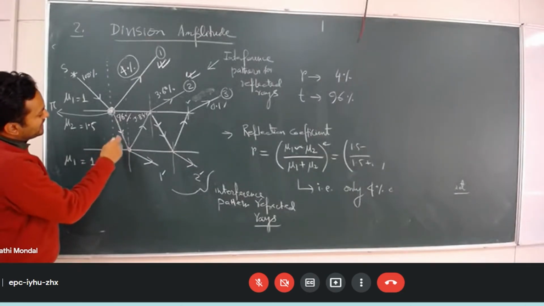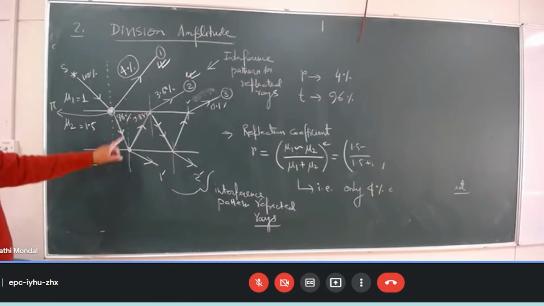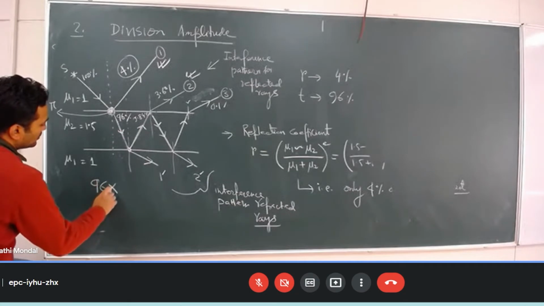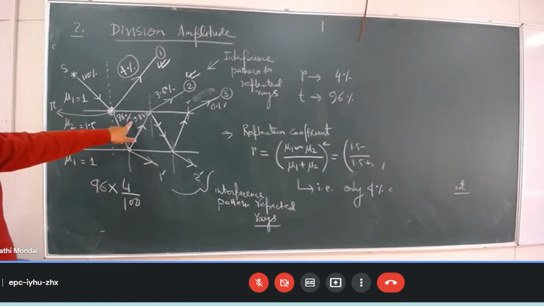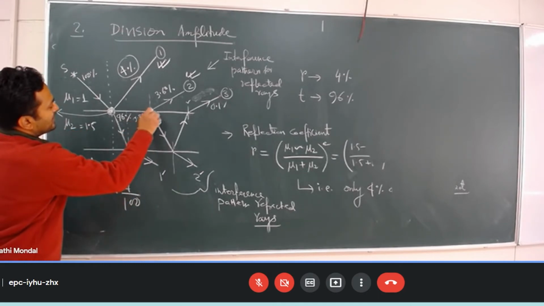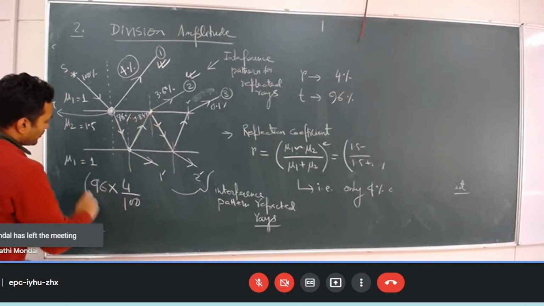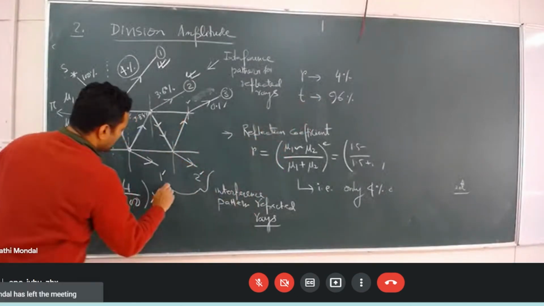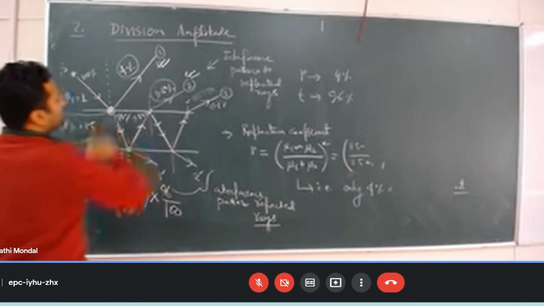Now if 96% suffers a reflection here, what percentage will come in reflection? 4%. So 96 into 4 divided by 100 gives you 3.84% up to here. Now you again have transmittance, 96% of that, which gives you 3.6%.